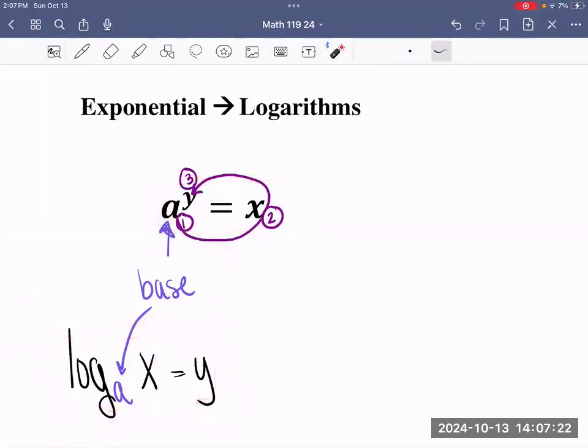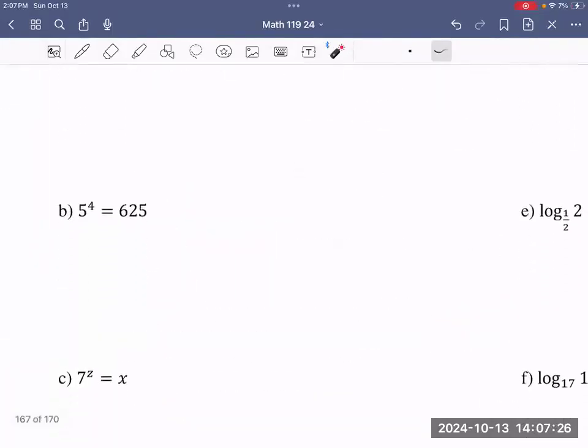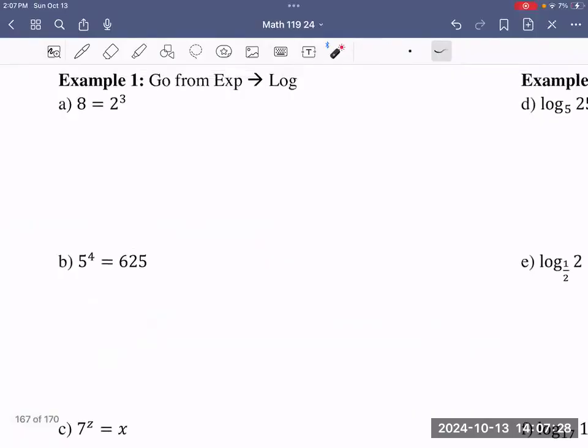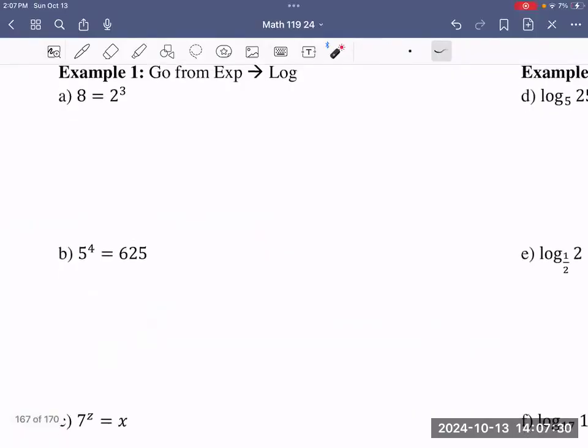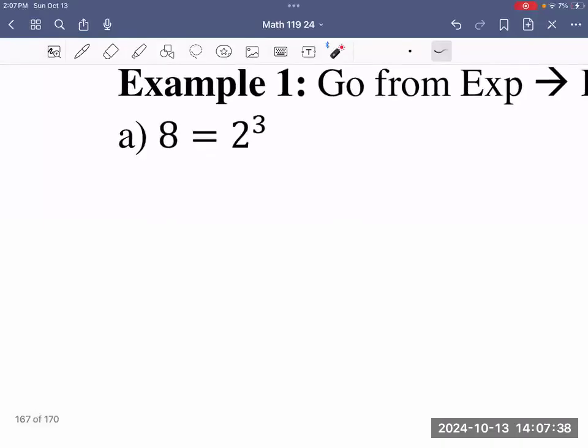Now we're going to take this property and apply it to these ones. We'll take all of these exponentials right here, a, b, and c, and use the swoop method to write them as logarithms. If you don't like the way in which you swoop, you can always write equals 8 if you prefer. But the first thing to do is write log.